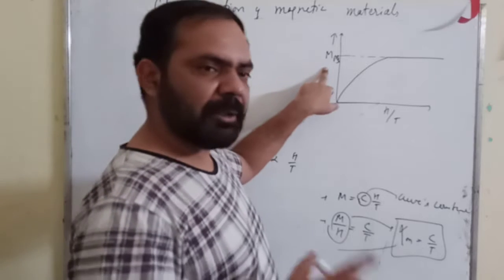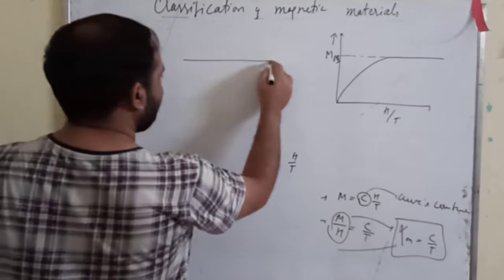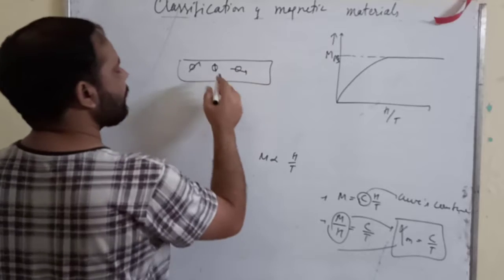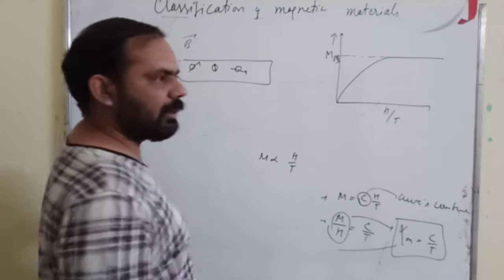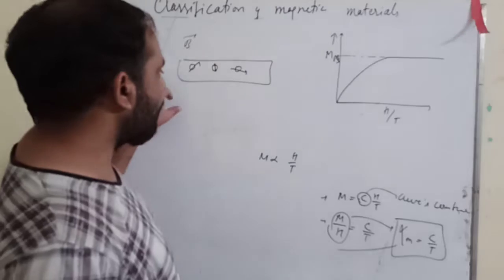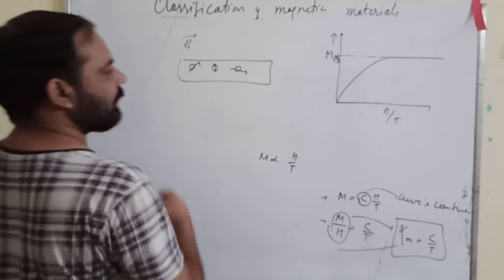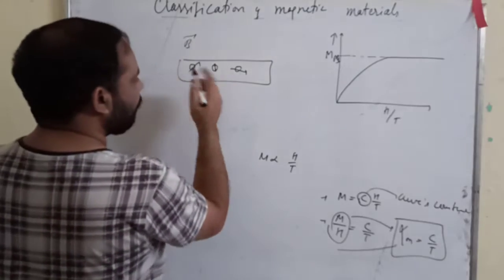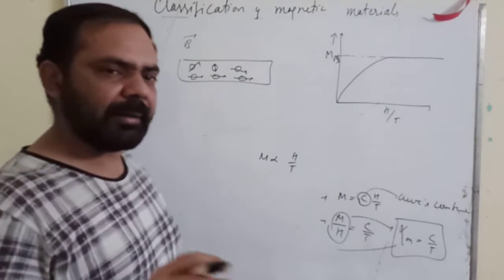The value of saturation for intensity of magnetization means you applied a magnetic field, and the dipole moments were having random directions. Now you applied an external magnetic field, and these differently directed dipole moments start aligning themselves along the direction of the magnetic field. If you go on increasing the strength of this external magnetic field, you will get a point where the dipole moments of all the atoms are aligned in the same direction.